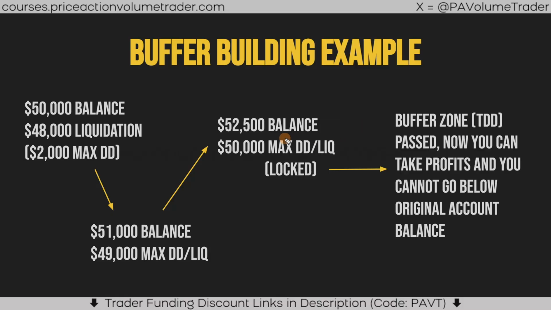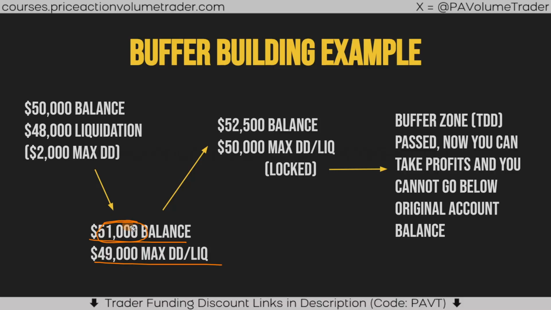What that means is, let's say you've only made $51,000, let's say you make $1,000 in profits. Your drawdown is $49,000.